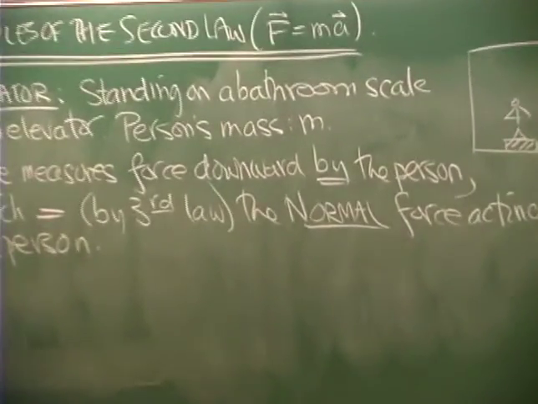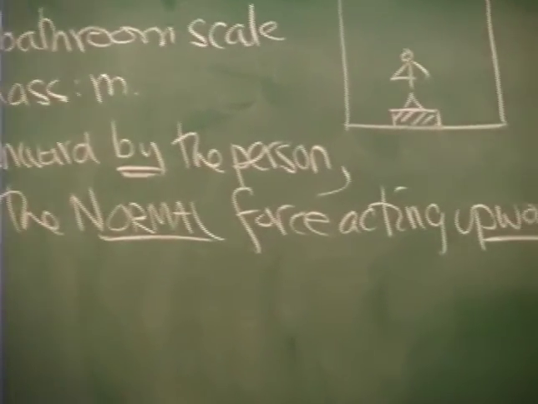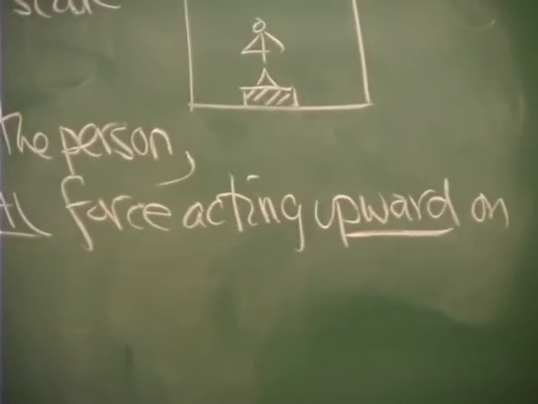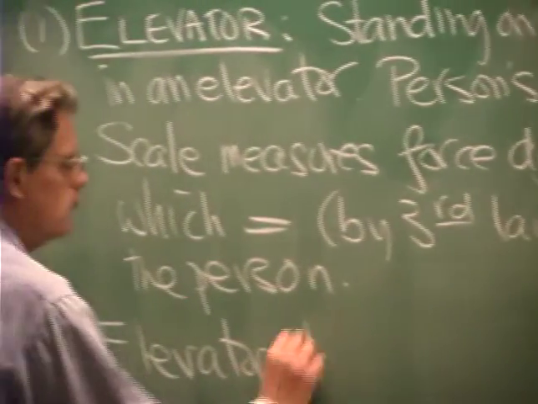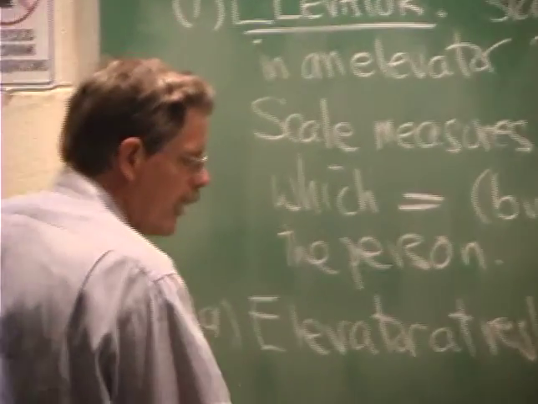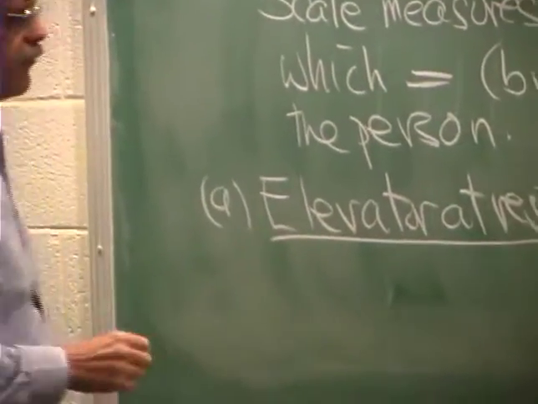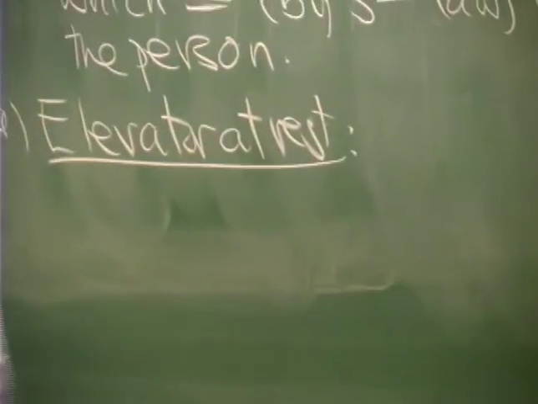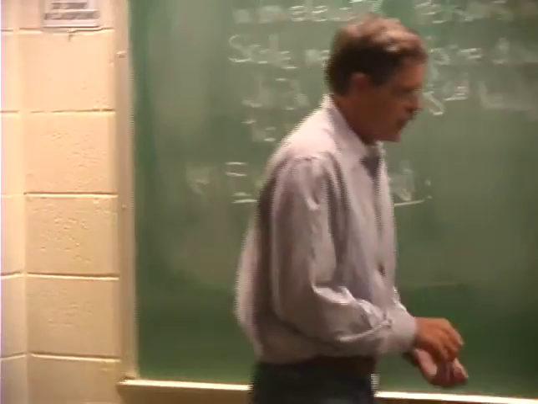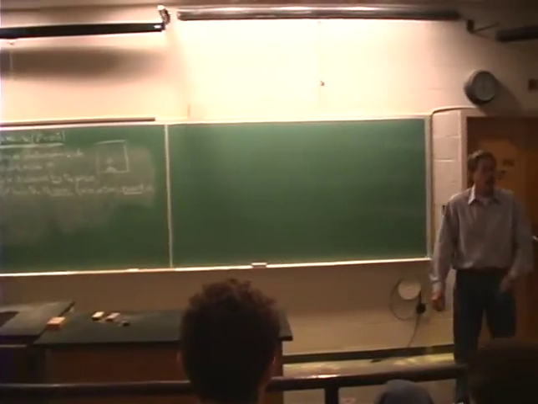So, the first case, suppose that the elevator is at rest. Not moving at all, it's stopped at the third floor. What is the reading on the scale in that case? Well, we need to draw the forces that are acting on this guy.